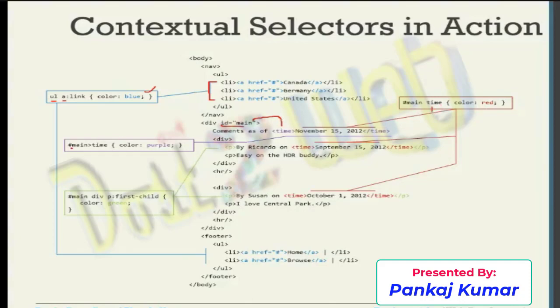Again, you can see hash main, then I'm giving the greater than symbol, time, color equal to purple. That means whichever time is directly after the main tag, the color is going to be purple, so that will be defined here as purple. Next, again another descendant, you can see here.